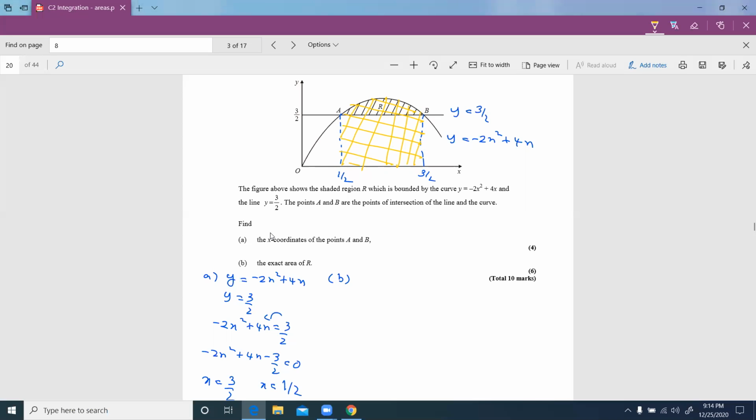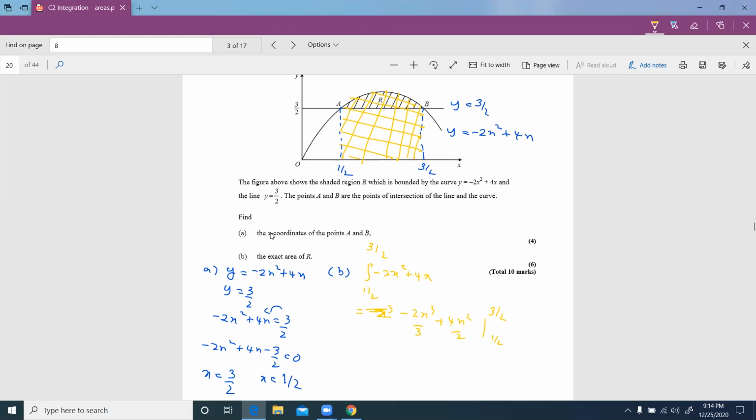You can get the answer by integrating minus 2x squared plus 4x from 1 over 2 to 3 over 2. The integration gives minus 2x to the power 3 over 3 plus 4x squared over 2, from 1 over 2 to 3 over 2.